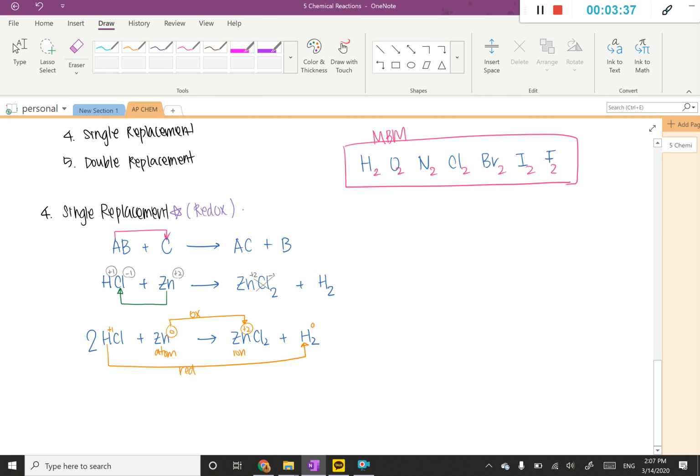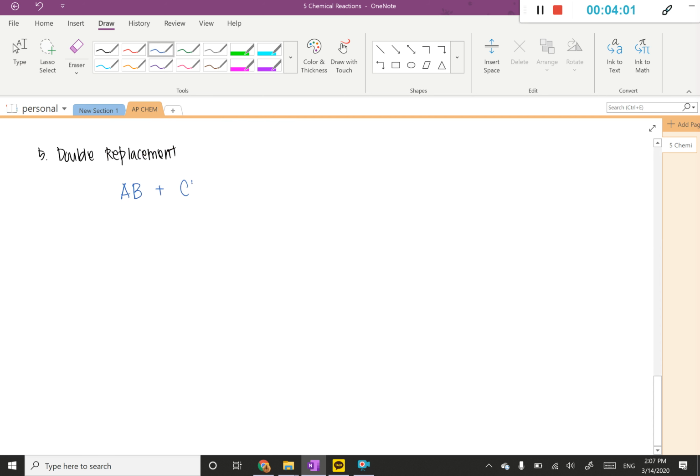Number 5 is double replacement. There are 2 types of double replacements, but the main idea here is this. Double replacement is when you go on a double date and you end up switching partners. So you have A, B, and then you have C, D, and you decide it would be more fun to switch partners, and you end up with CB plus AD.